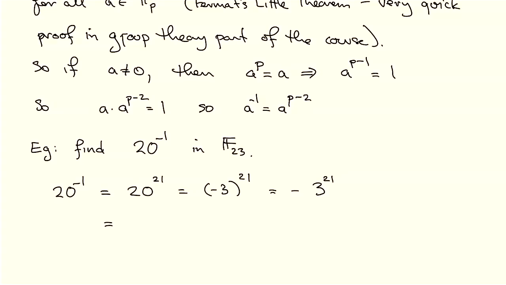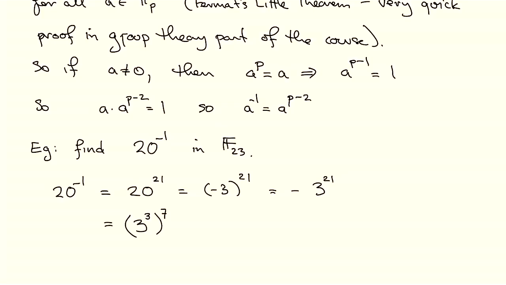I still wouldn't really want to do that, but that now is 3 cubed to the power of 7. You just start factorising, breaking up the exponent a bit. And the reason I've done 3 cubed is because that's 27.